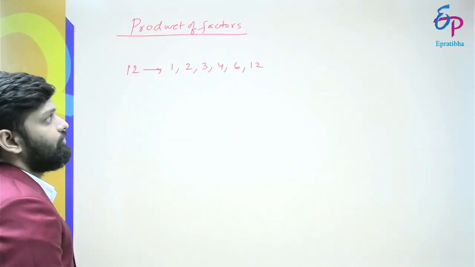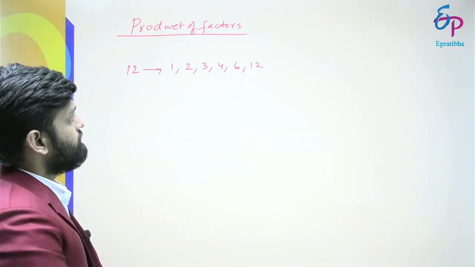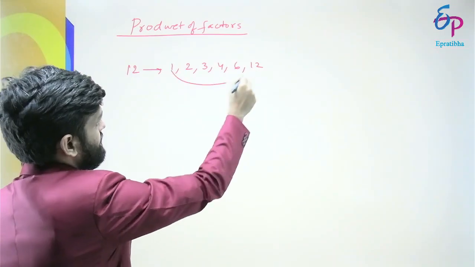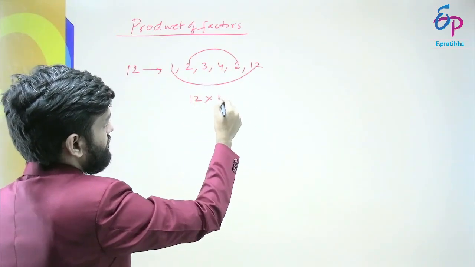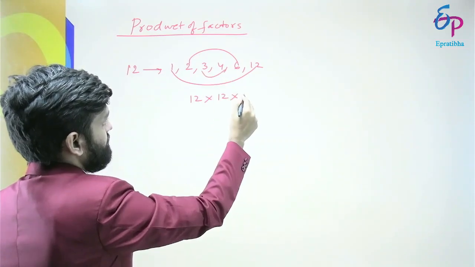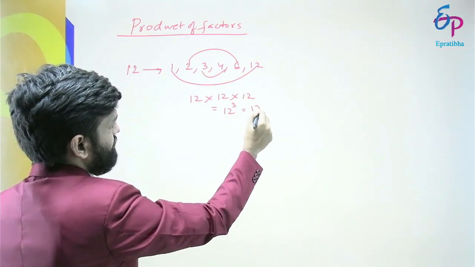I just want to know what is the product of all these numbers. So how to do it? 1 12s is how much? 12. 2 6s is how much? 12. And 3 4s is how much? 12. That means the answer is what? 12 cube. It is nothing but 1728.